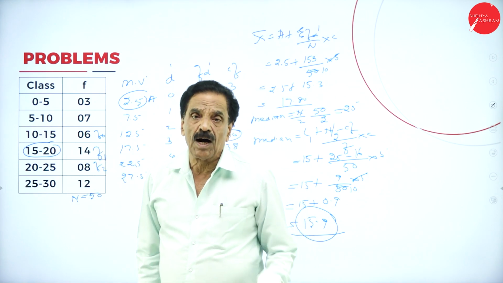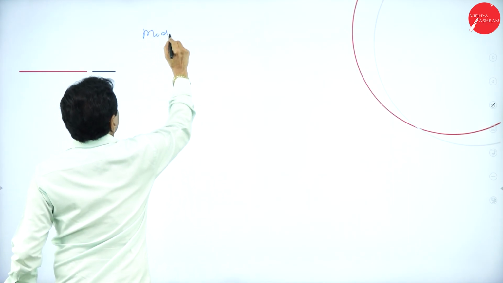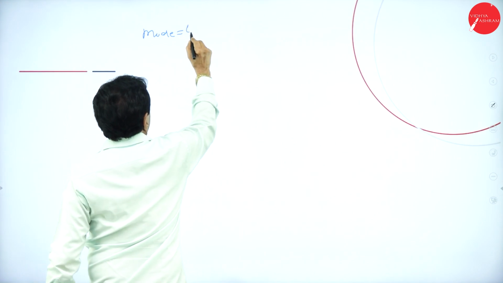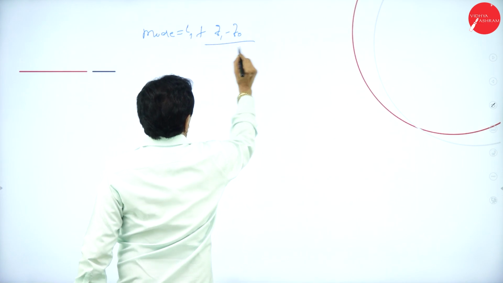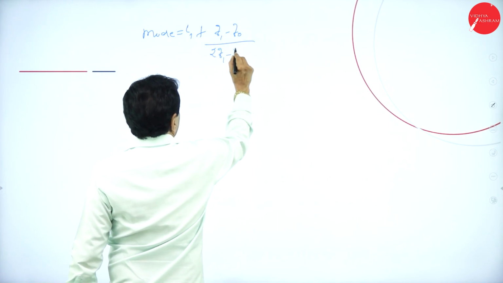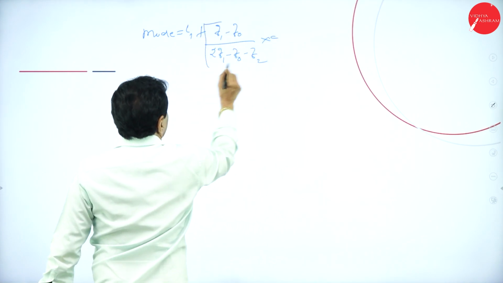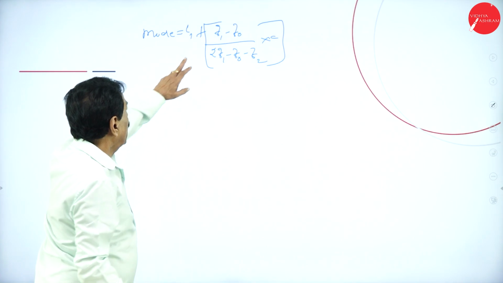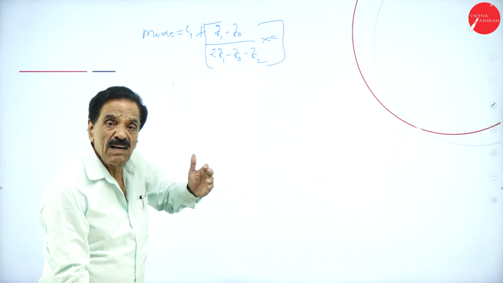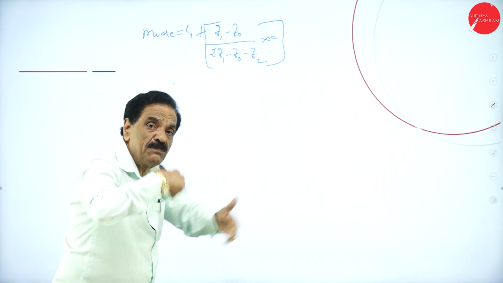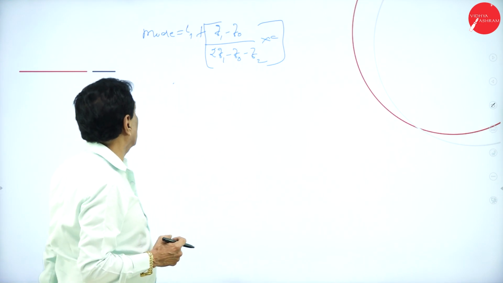Now you have to apply the formula. Mode is equal to L1 plus F1 minus F0 over 2F1 minus F0 minus F2 into C. L1 is the lower limit, F1 is the highest frequency, F0 is the behind frequency, F2 is the forward frequency, C is your class interval.